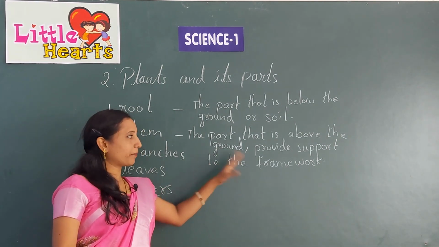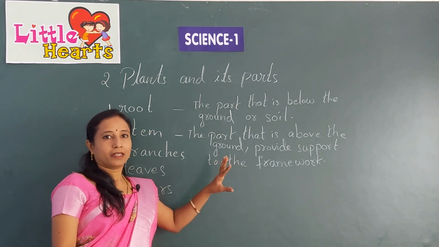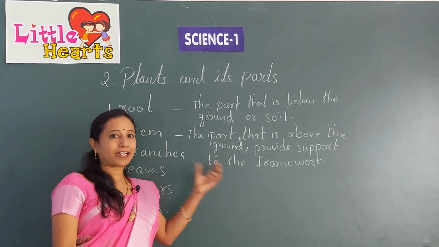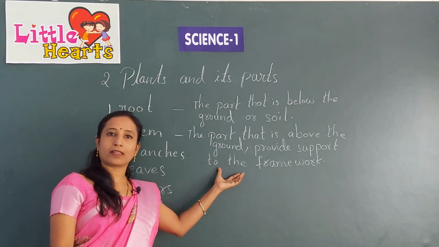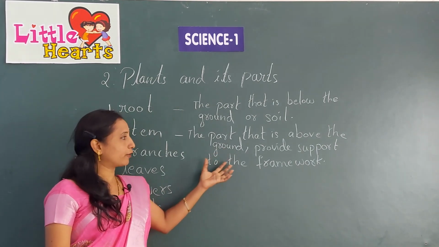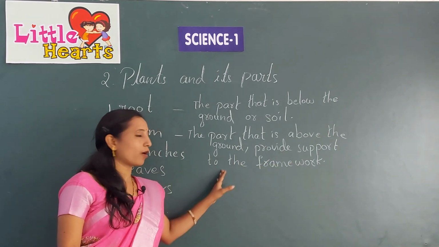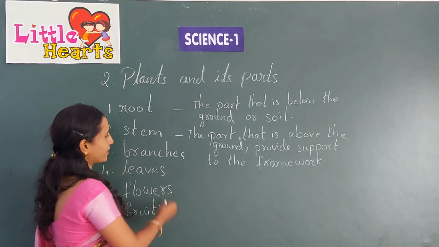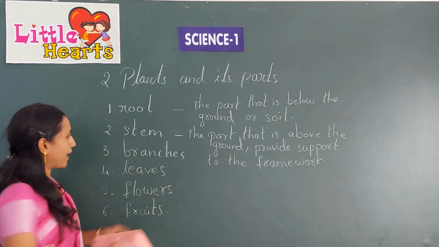So stem is different in different kinds of plants, but the function of the stem is the same in all the plants. It may not stand erect, but it holds all the framework. Then next we'll come to the branches.